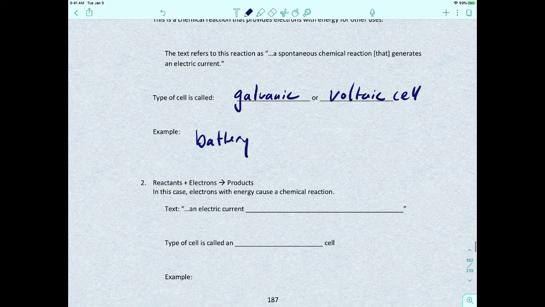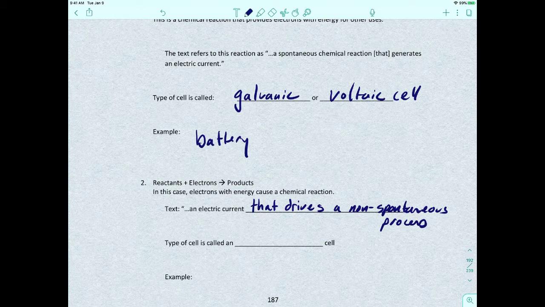What the text calls this is an electric current that drives a non-spontaneous process. And the type of cell for this type of reaction is called an electrolytic cell.